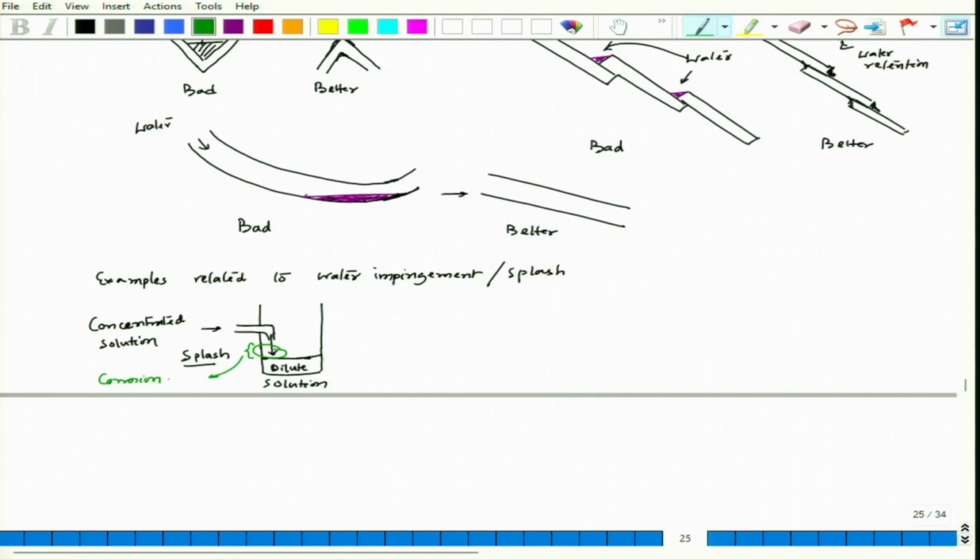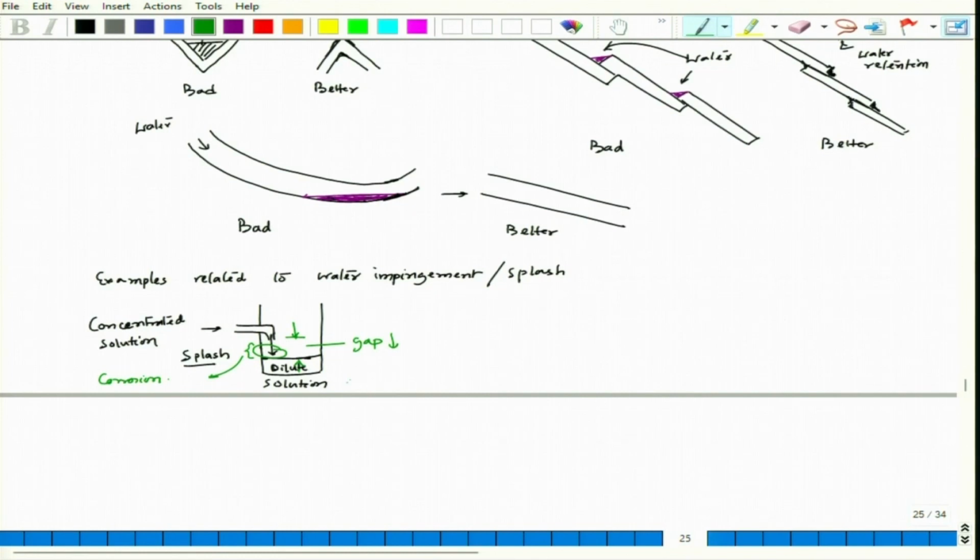One way to avoid this splash is to reduce the gap between the exit point in the pipeline system through which the concentrated solution is coming out, and the top layer of the dilute solution. So that gap should be reduced. So this gap we have to reduce. Gap should be reduced to avoid splash.